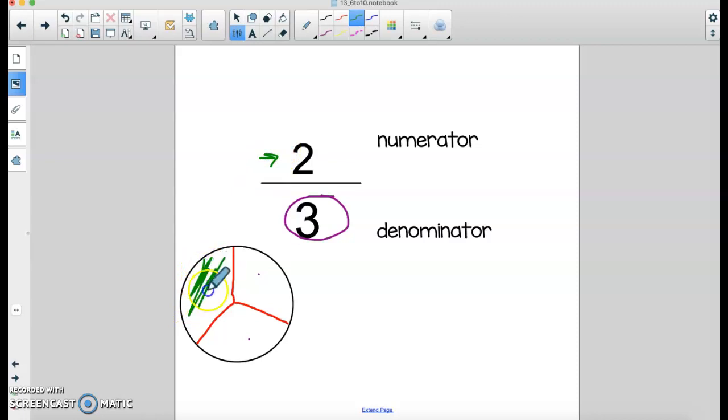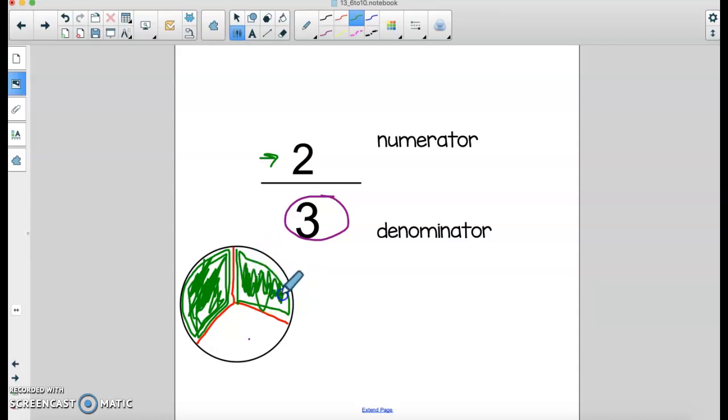So I would color in this one, and of course, I would make it look really nice to show that was just 1/3. That's one of the 3, one piece. Now I have to do another piece right here because I have to color in 2.